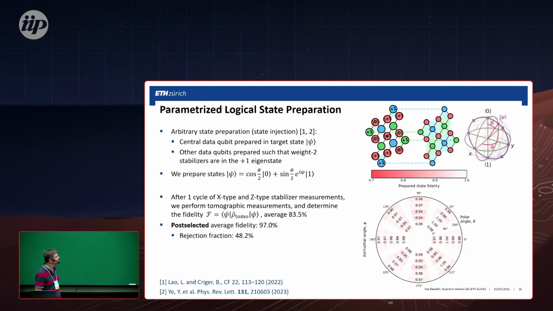What you can do is reject the shots where these 4 stabilizers are not consistent between the rounds. You can't tell which error has happened, but for most of the errors, you can tell whether an error has happened. By rejecting those runs, you can improve your fidelity quite a bit. You have to reject runs, though, but that's okay.